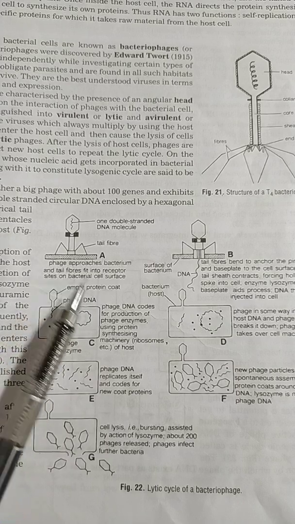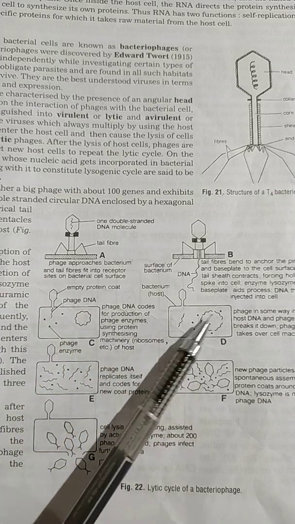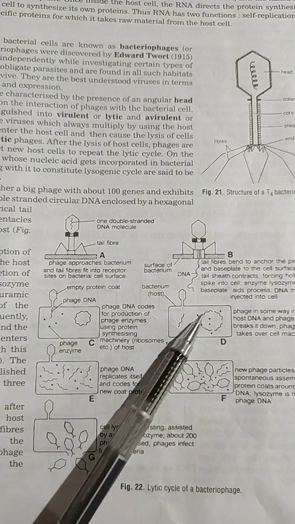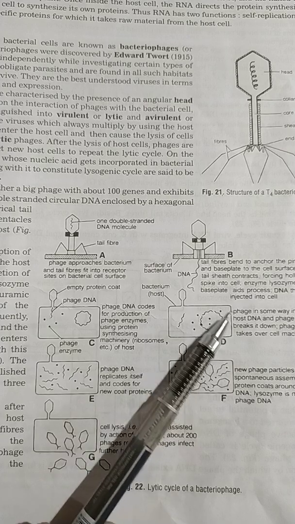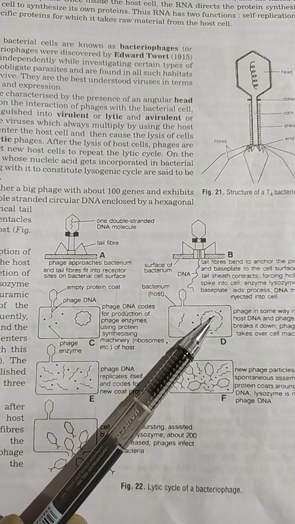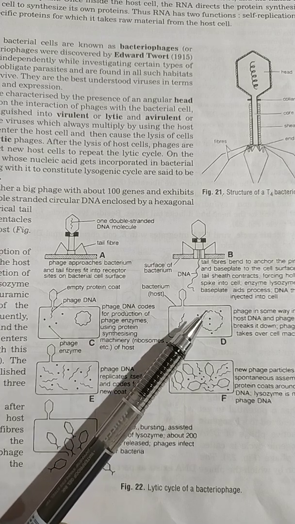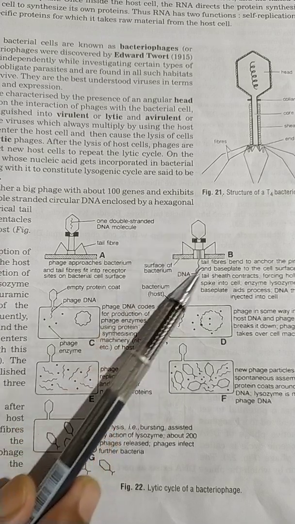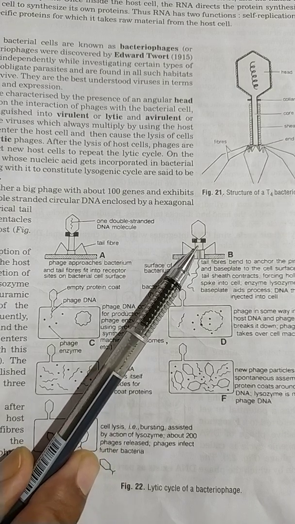Once they are inside, they break down the nucleic material of the bacteria into which they get in, and this is known as the virulent or the lytic phage. Phage is this virus.